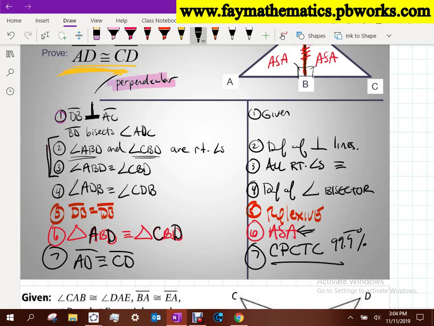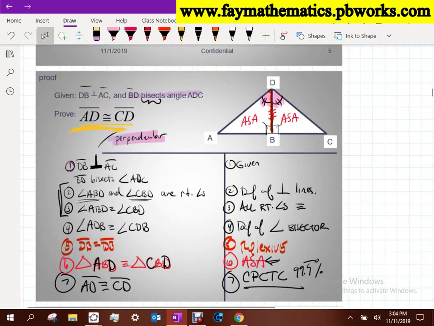And again, we had this discussion last time, we did this problem. What could I call that triangle? Now that I've got that segment there congruent to that segment there, what could I call that triangle? If you have the overall triangle ADC, if you've got two sides congruent, it's got to by definition be an isosceles triangle. If you remember, we can go back to the picture.